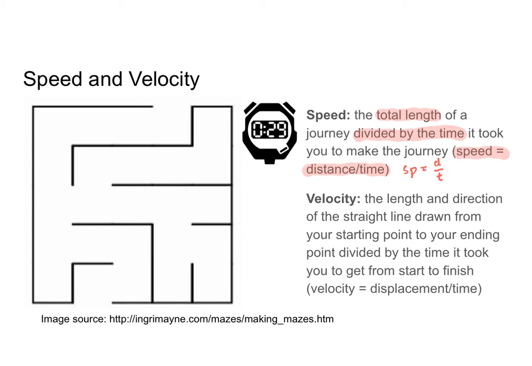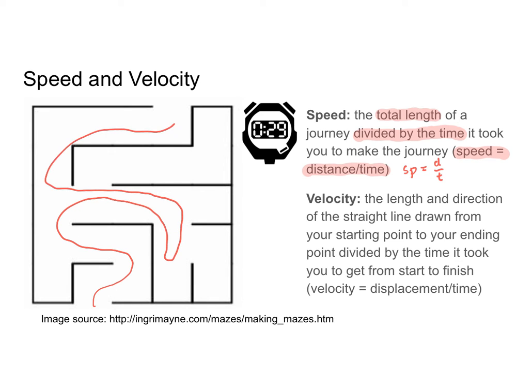For example, if I wanted to calculate my speed, I would need to figure out the length of my red line. So say my red line is 1,000 meters long, and I finished this journey in 29 seconds. And just so you guys know, the standard unit for time is going to be the second.